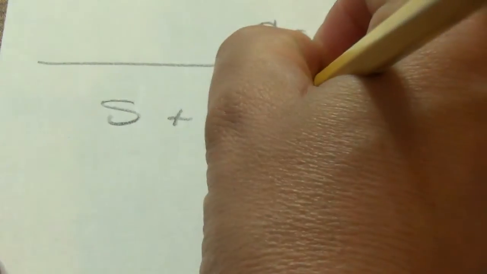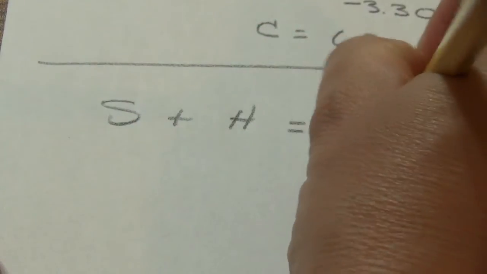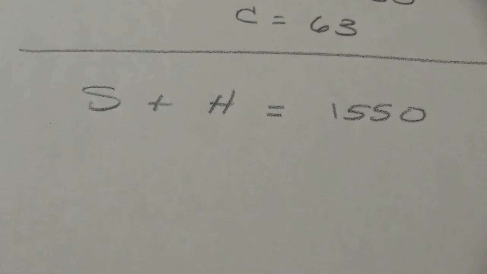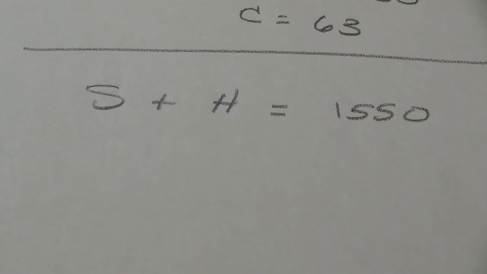So again, if I go over here to my scratch paper, my first equation is going to have to do with the total number of downloads. So my standard version plus my high quality version was 1,550. My other equation was the number of megabytes.